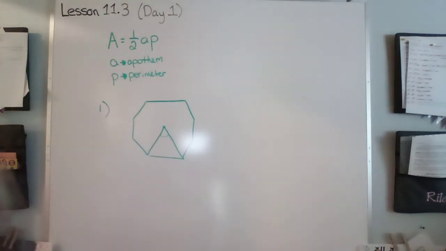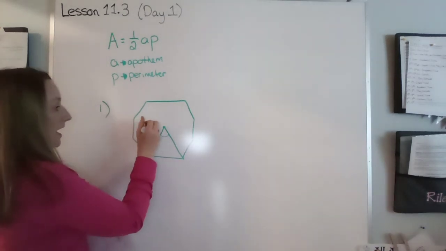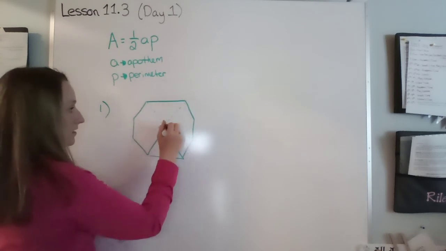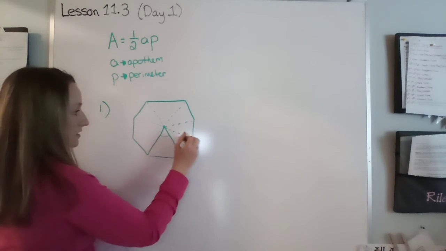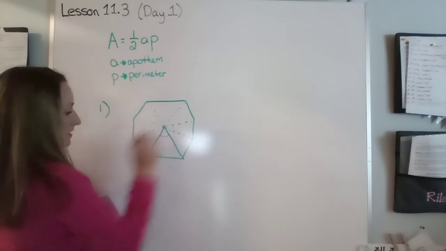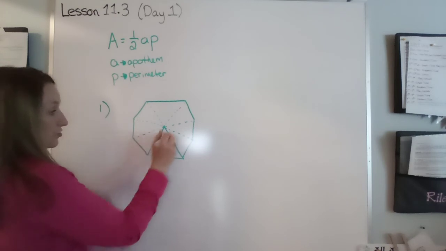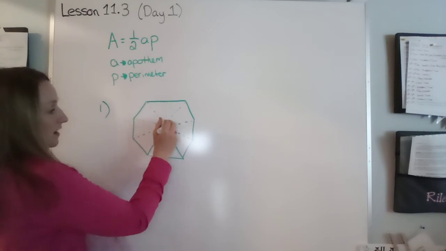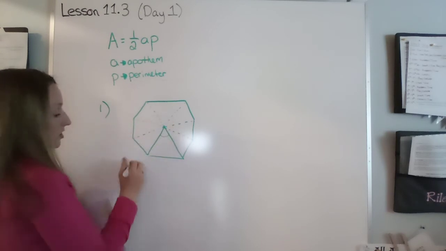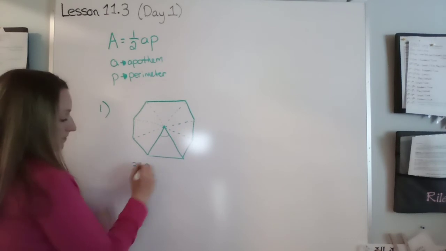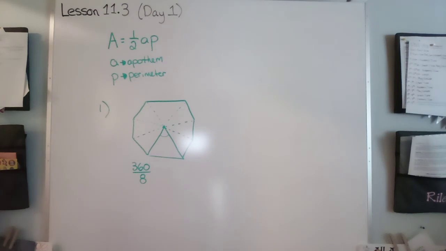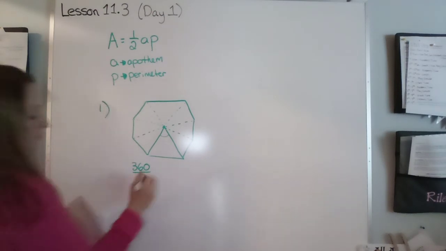How many degrees are in a full circle? 360. How many central angles would I have if I drew all the radii in? Since this is regular, all of the central angles have to be congruent, and there would be 1, 2, 3, 4, 5, 6, 7, 8. It's an 8-sided figure. So you take 360 and divide by 8 to figure out the measure of each central angle, which would be 45 degrees.